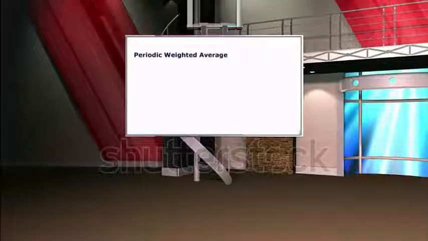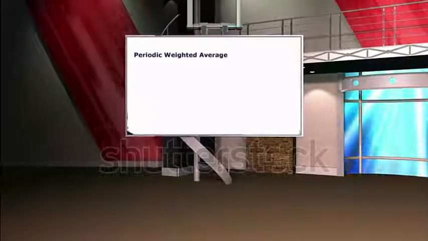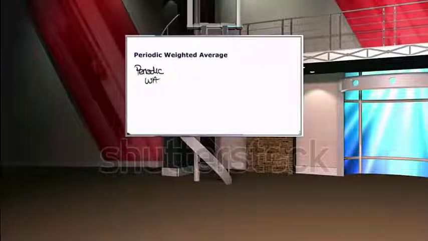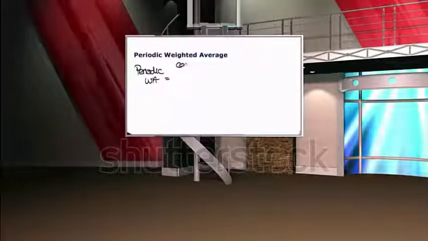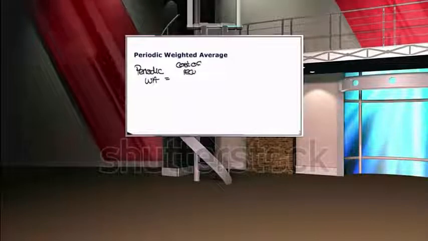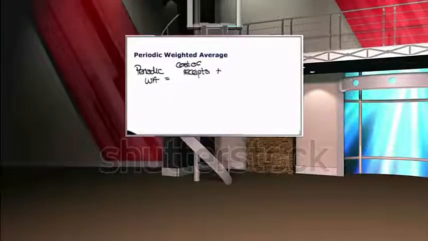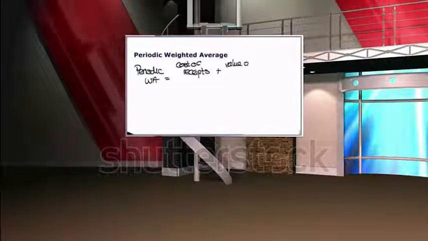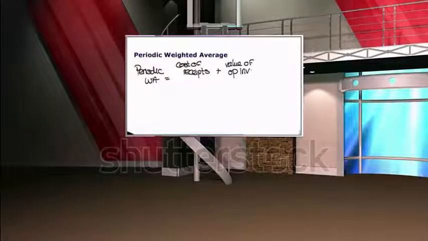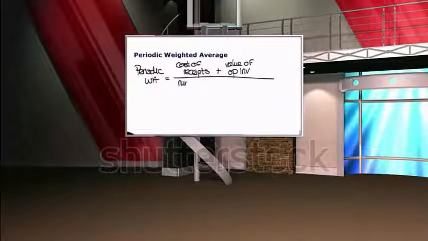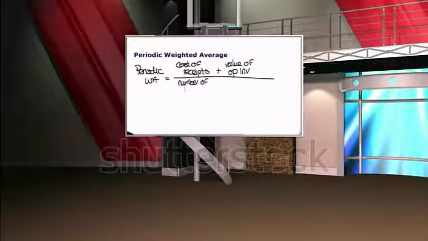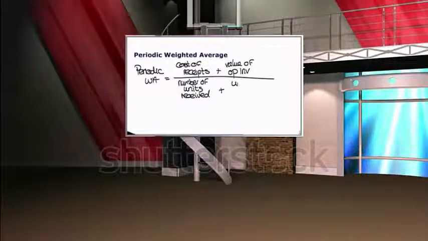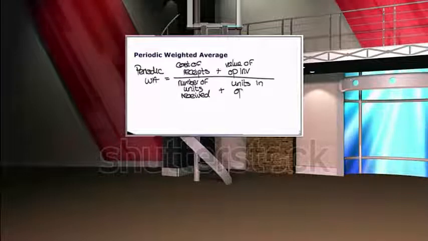If we're using the periodic weighted average, then all we do is calculate our periodic weighted average as being equal to the cost of receipts for the period plus the value of our opening inventory divided by the number of units received during the period plus the units in our opening stock.